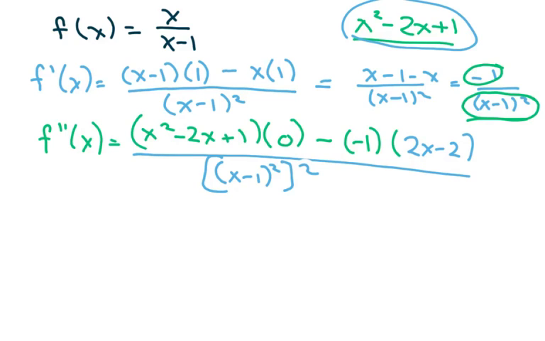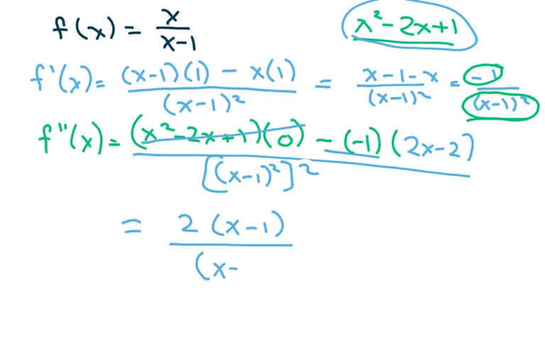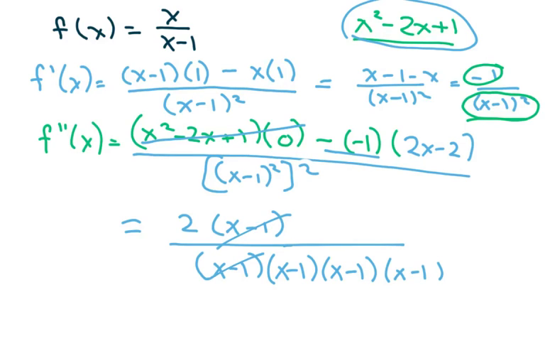So that's just going to be x minus 1 to the 4th. All right, 2 negatives make a positive. So what we get is 2 times x minus 1. I'm factoring out the x minus 1 there. And the denominator, we have x minus 1, we have 4 of these. X minus 1, x minus 1, x minus 1. All right, so one of these cancels, so our answer is going to be 2 over x minus 1 cubed.